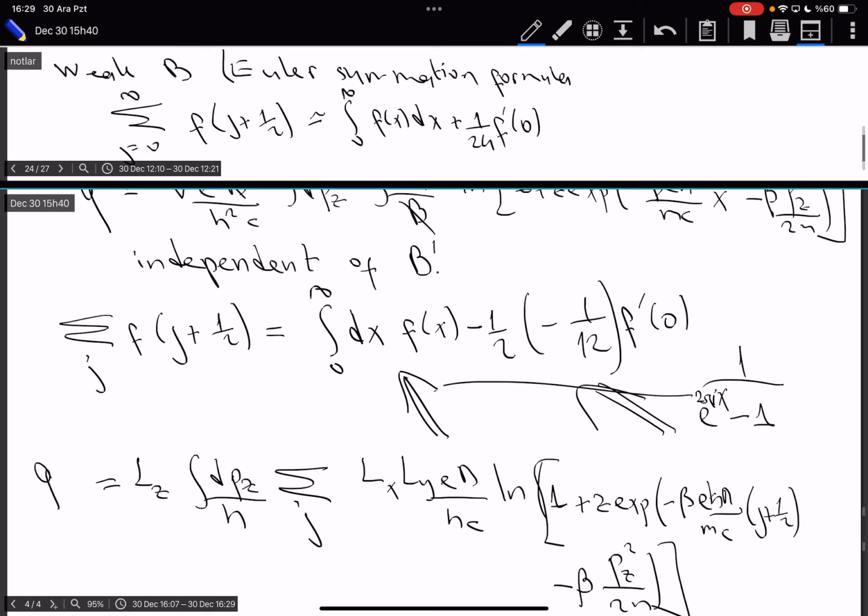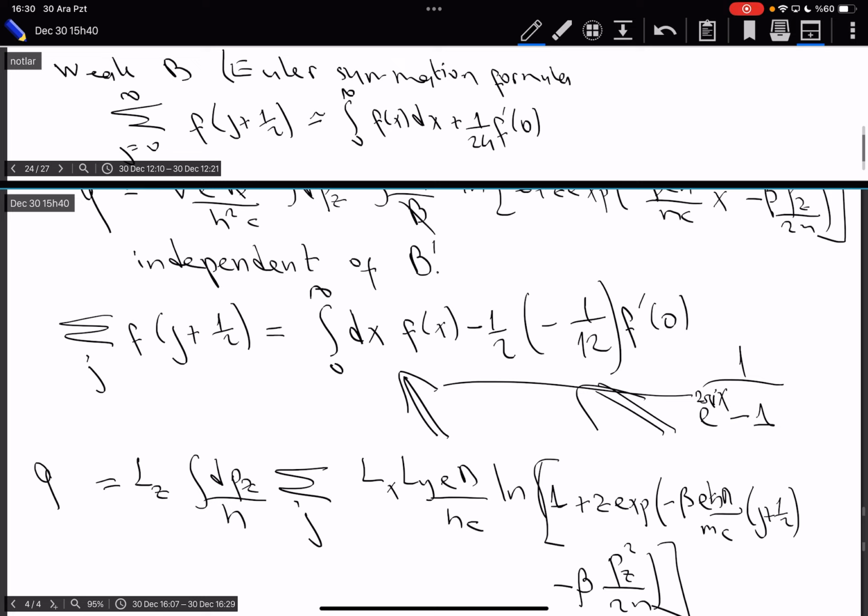So if you write a loop integral around this, some function multiplying this function, the residues will be at integer values, and the residues will be proportional to the value of whatever function is multiplying it at those integers. So the loop integral will basically be the sum over integers.